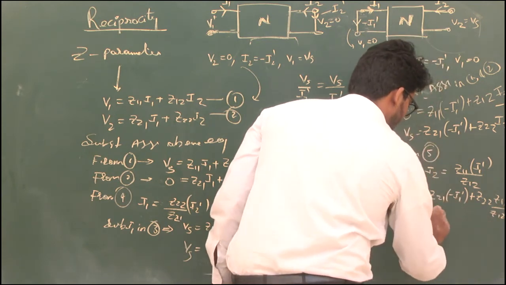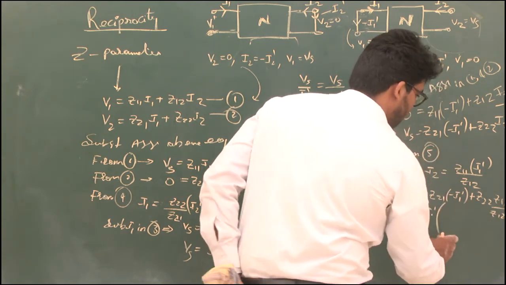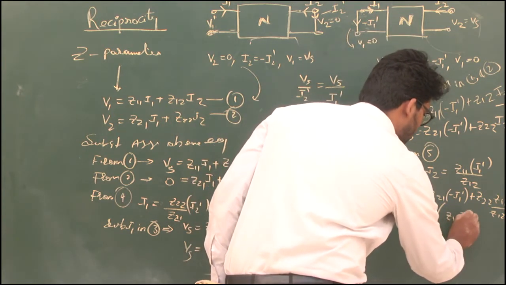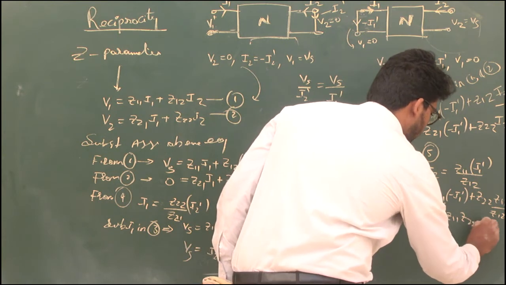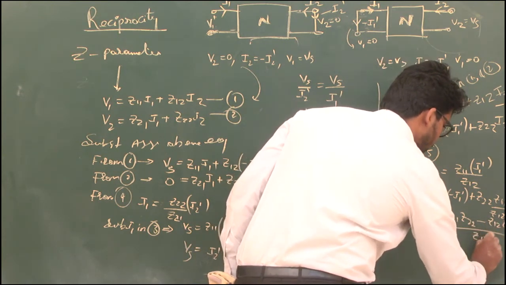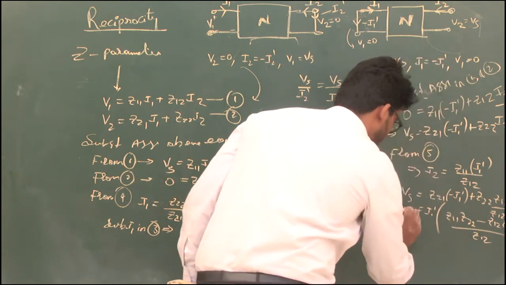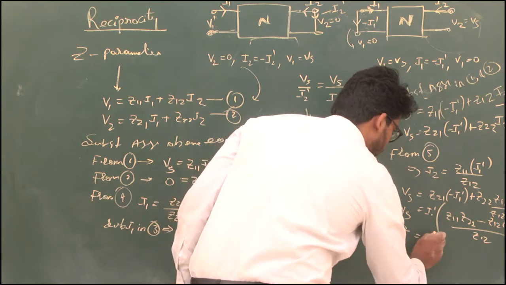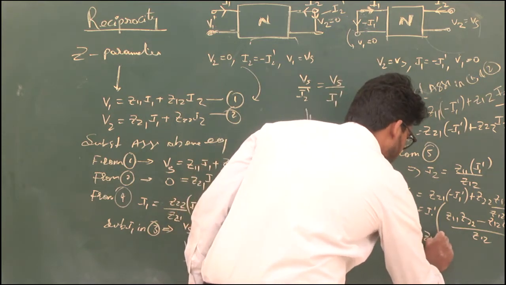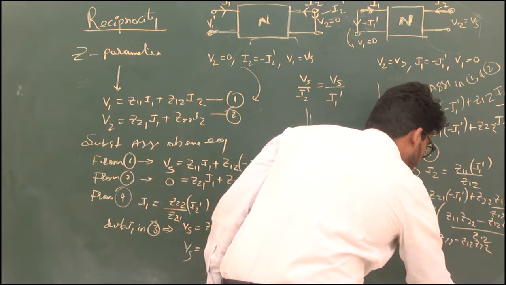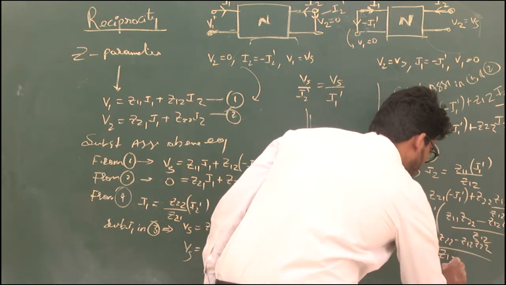Make I1 dash common, and you will get Z11 Z22 minus Z12 Z21 by Z12. So Vs by I1 dash equal to Z11 Z22 minus Z12 Z21 by Z12.